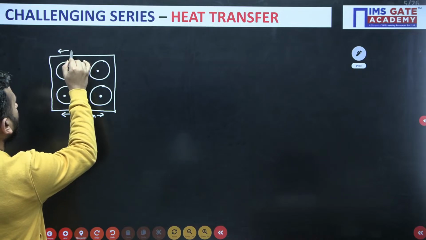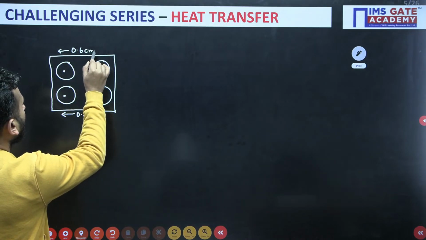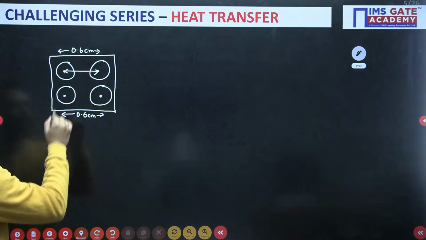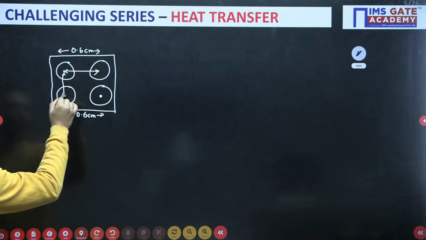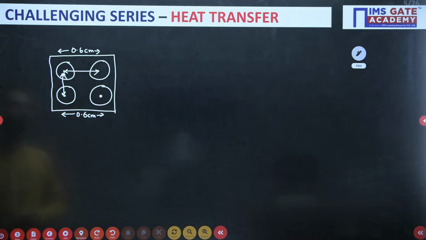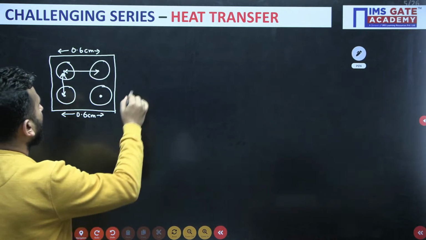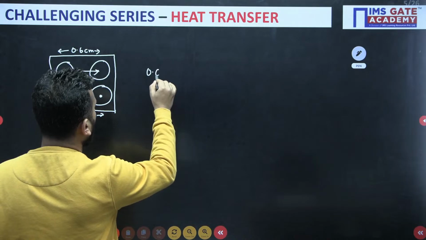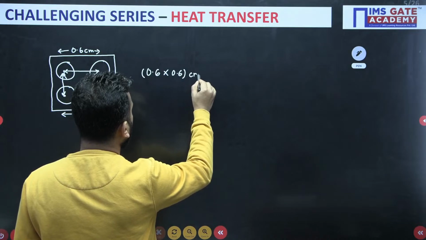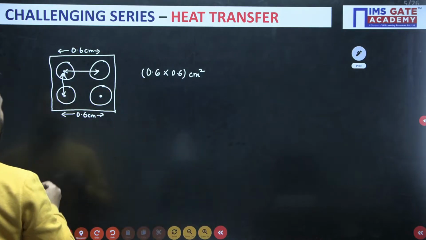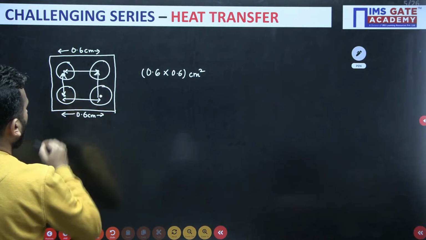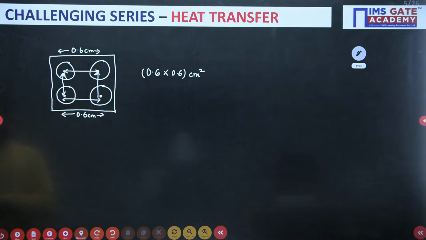This distance is 0.6 centimeter. This distance, right? This distance is 0.6 centimeter. So effectively in 0.6 by 0.6 centimeter square, one fin is present. Right? One fin is present.